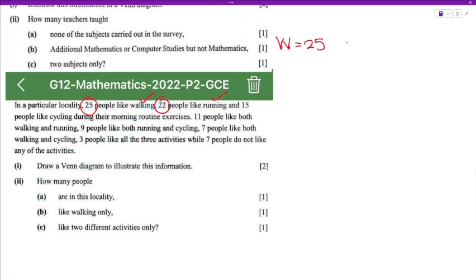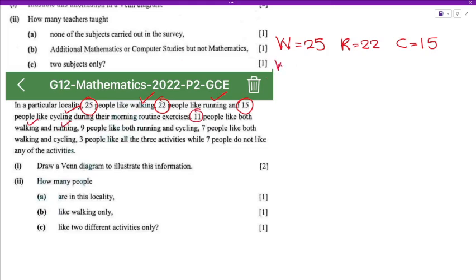22 like running, so running 22, the runners. 15 people like cycling, so cycling were 15. And during their morning routine exercises, 11 people like both walking and running.